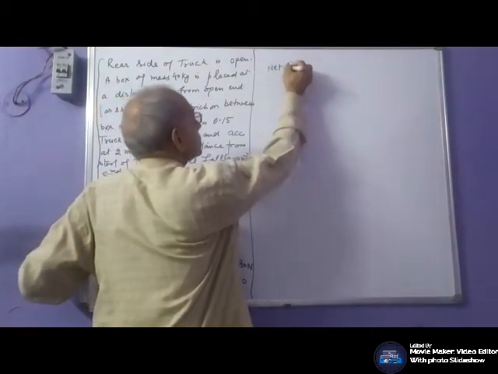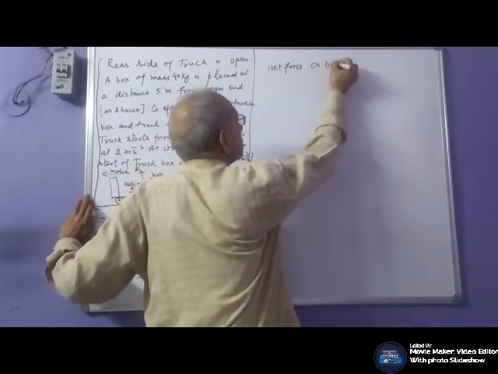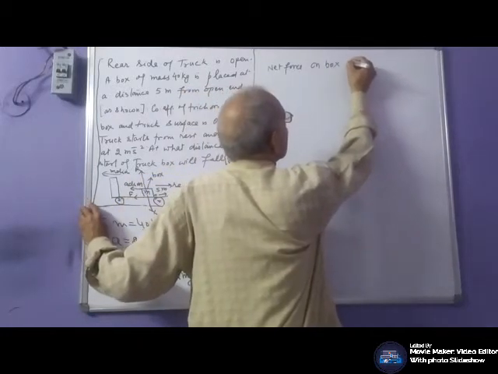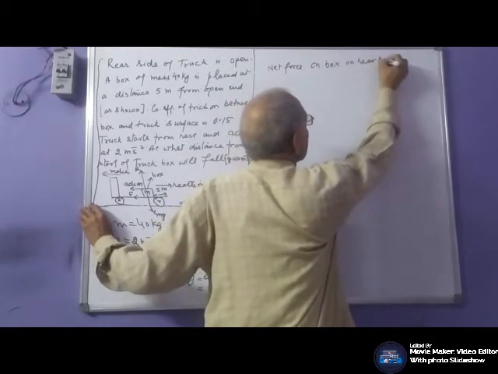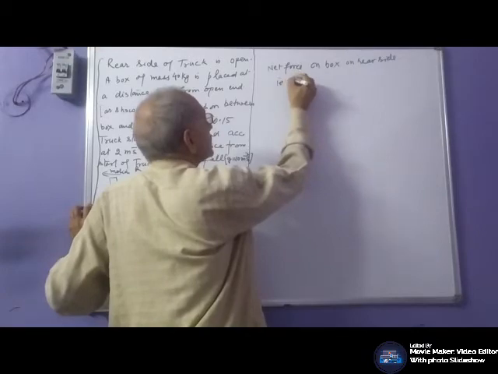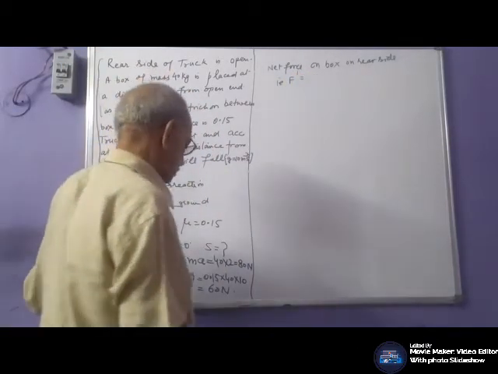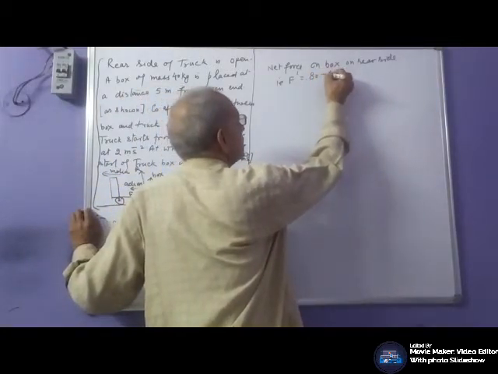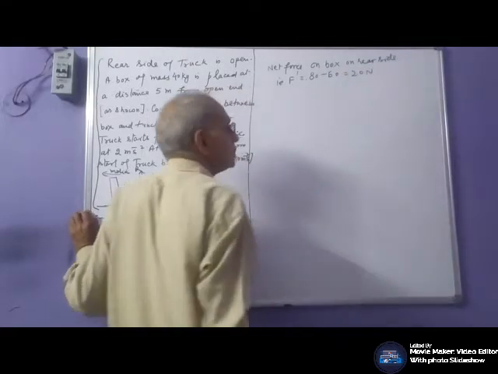Net force on the box on the rear side, that is F dash. It is 80 minus 60, it is 20 Newton.